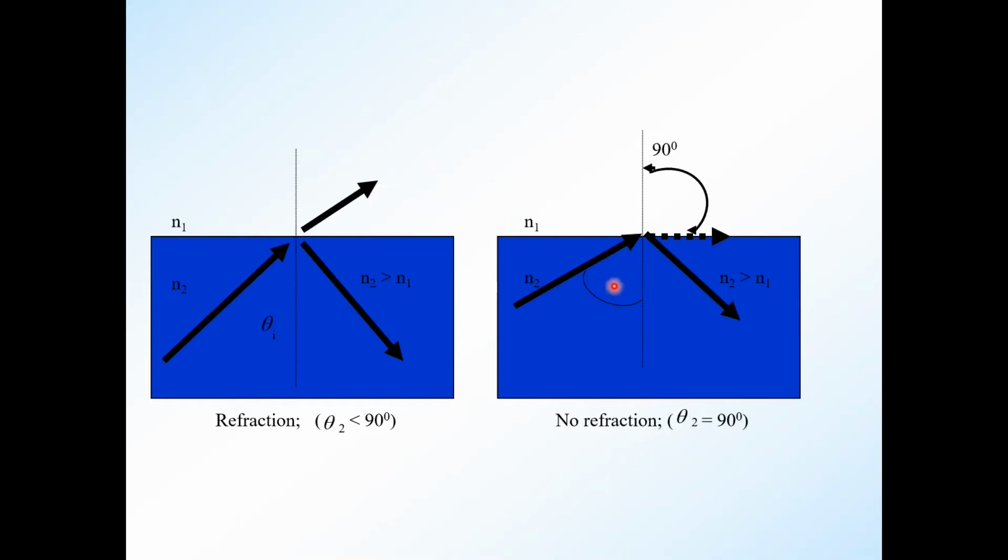This phenomenon is called total internal reflection. This is how you limit your light from going out of the medium, and make it travel from the source to the destination point.